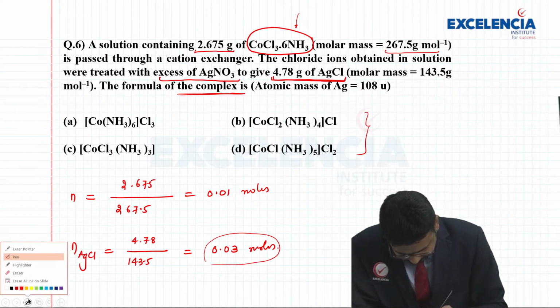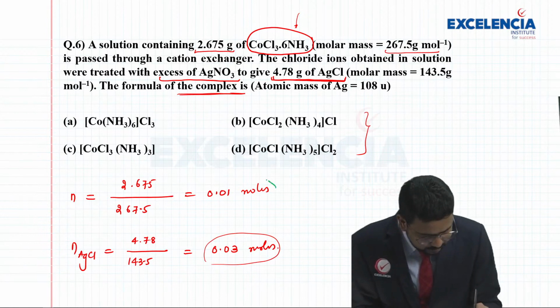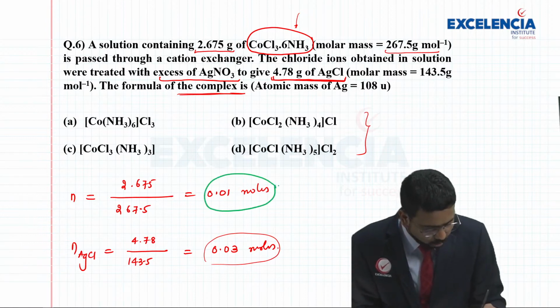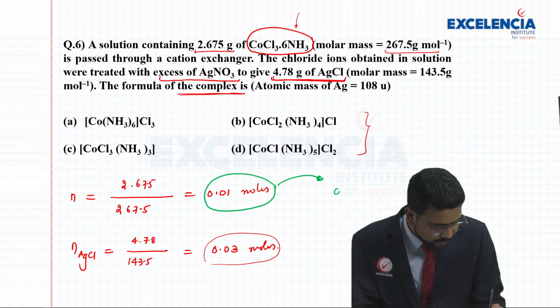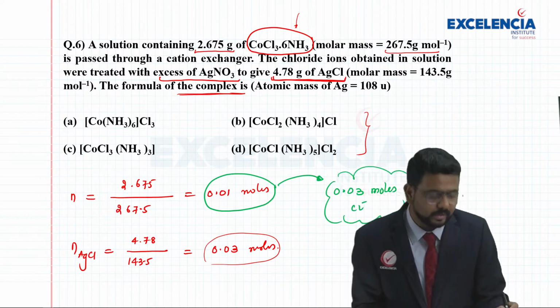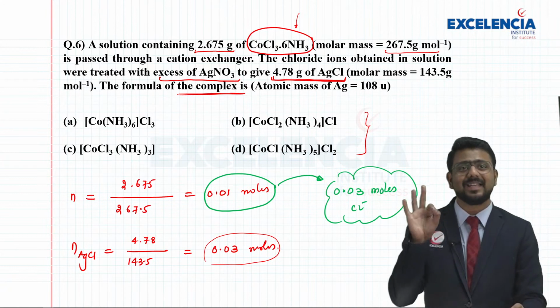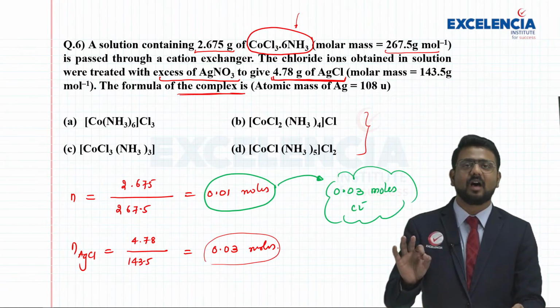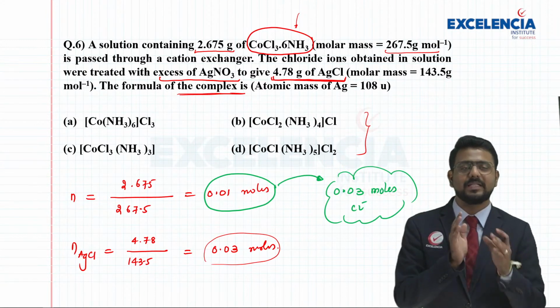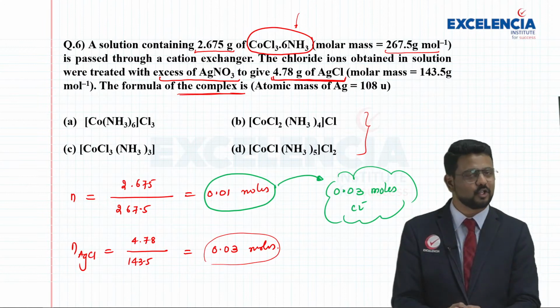So what I mean here is, from 0.01 moles of salt, we should get 0.03 moles of chloride ions. Okay? And when do we get 0.03 moles of chloride ions? When 3 chlorine atoms are acting as counter ions. Basically, they are present outside the coordination sphere.